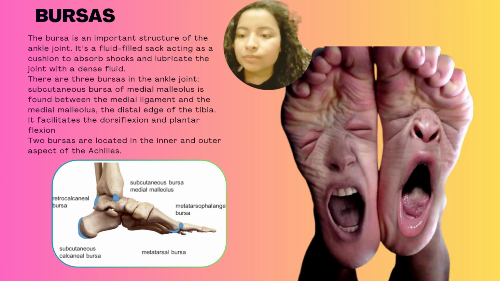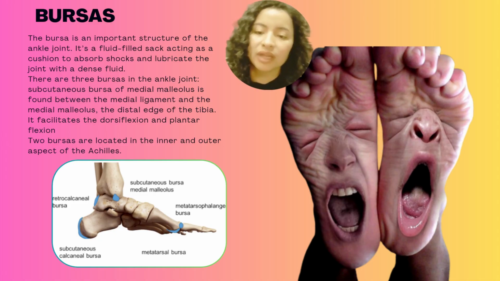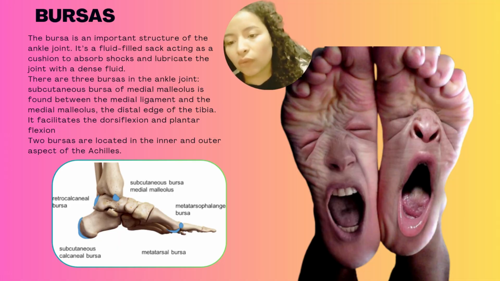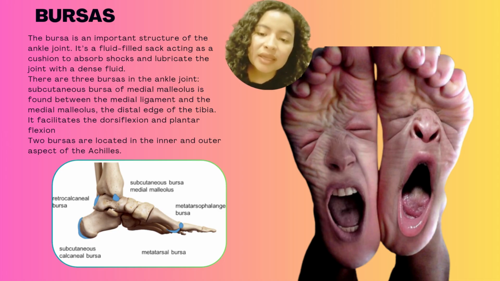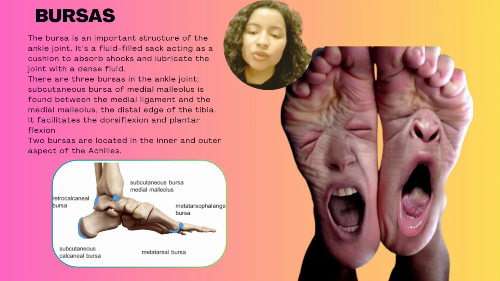Metatarsophalangeal bursa is located on the inner part of the foot, lateral to the hallux, enlarged in bunion. Calcaneal bursa lies under the calcaneus bone on the foot and above the fat tissue of the heel.